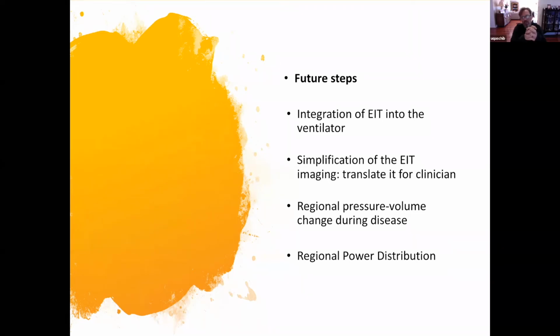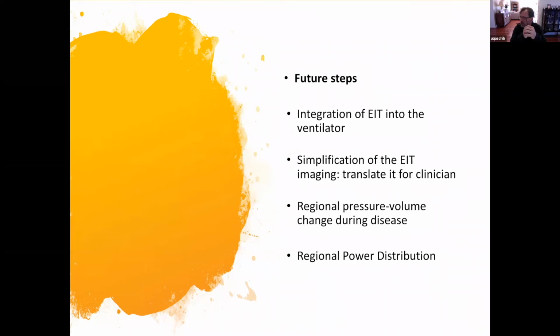Dräger has an external EIT that links into their ventilator to synchronize EIT measures, and Timpel as well has an external EIT device. But with the current computer capacity, I don't see any reason why EIT can't be part of the lung function equipment that a ventilator can provide. The biggest problem is the simplification of the EIT imaging.